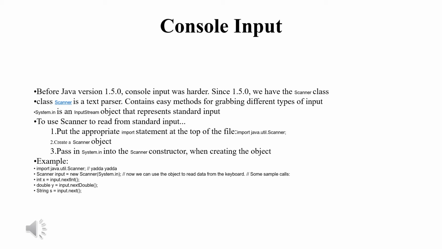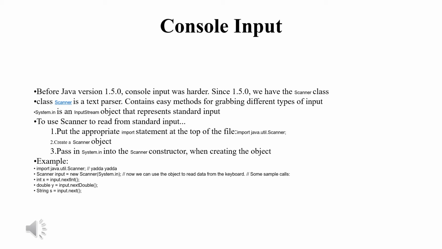So first, because I want to use the Scanner in order to receive input from the user, I will import java.util.Scanner. Then I will create an object from Scanner: Scanner input equals new Scanner(System.in). And after that, by writing this line of code, now I can receive the data from the keyboard, right?